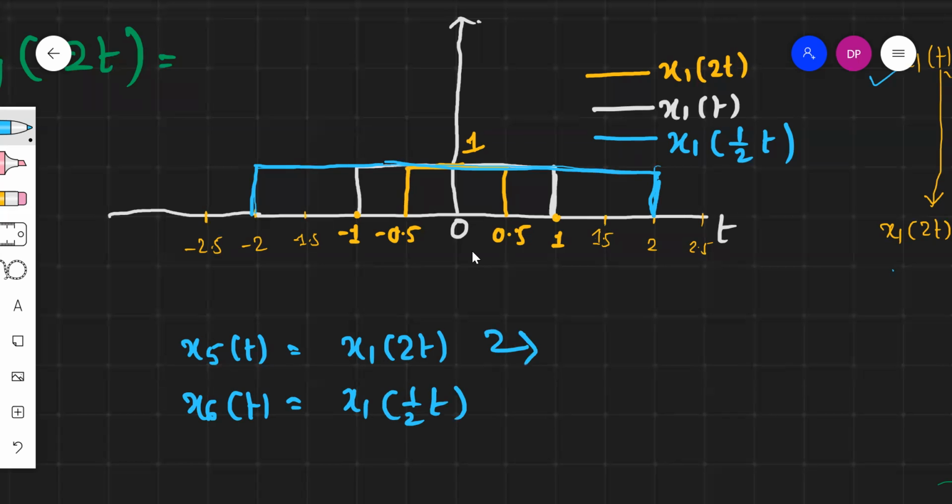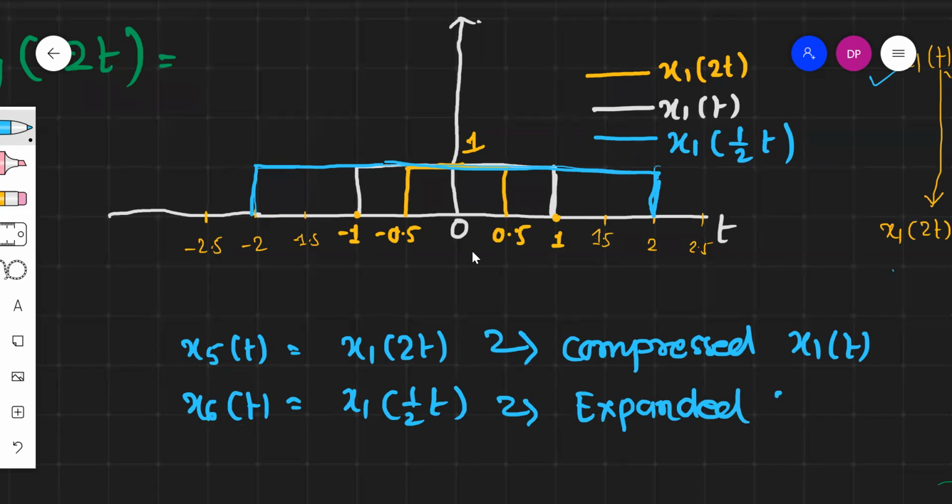This x5 of t gives us the compressed version of x1 of t, right? This gives the expanded version of x1 of t. So when the scaling factor is less than 1, the signal gets expanded. When the time scaling factor is greater than 1, the signal gets compressed. This is the conclusion, right?